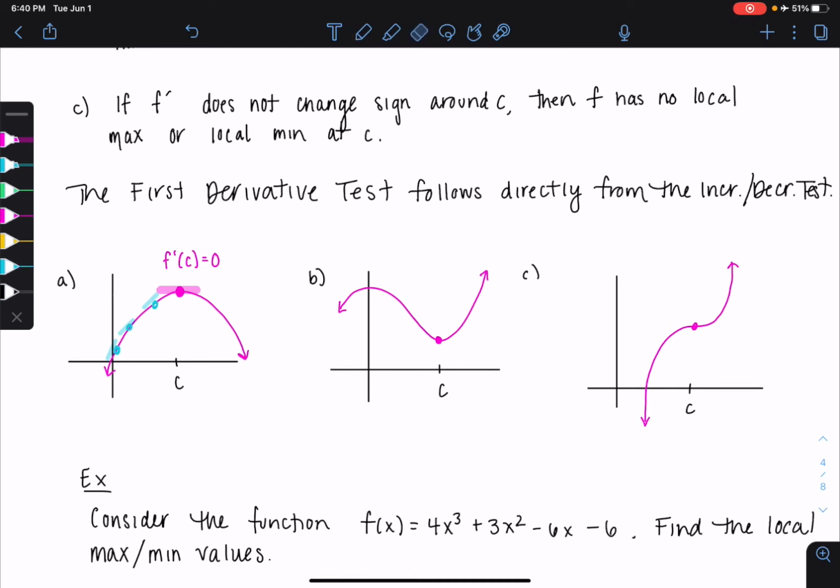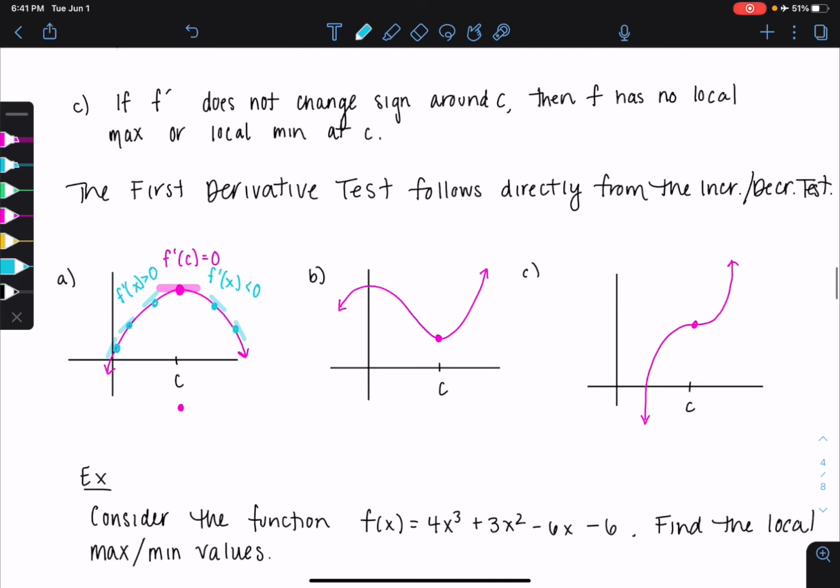So on this side, my derivative is always positive. On the right-hand side here, no matter where you pick a point, the tangent line has negative slope. So my derivative is negative. So pretty much what happens is you have this flat tangent line here where the derivative is equal to 0 and your graph is increasing and switches to decreasing.